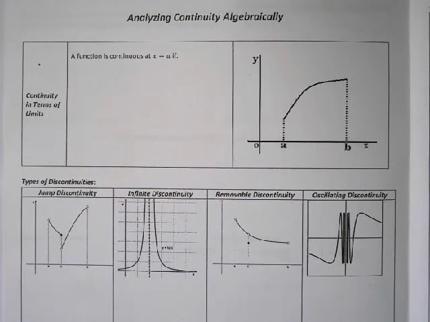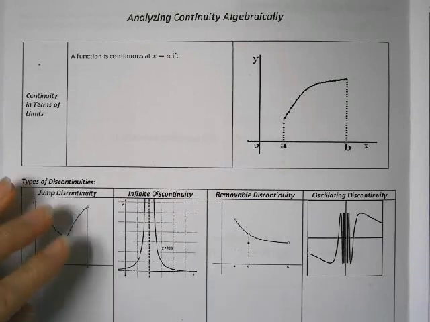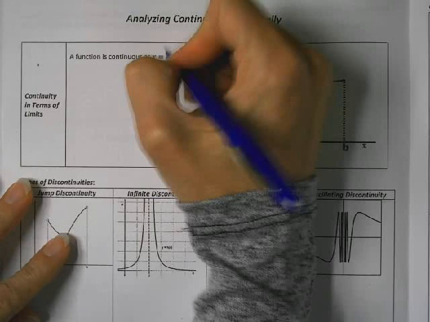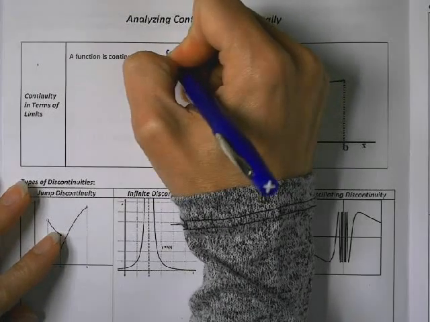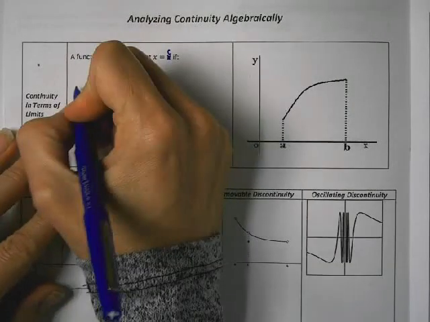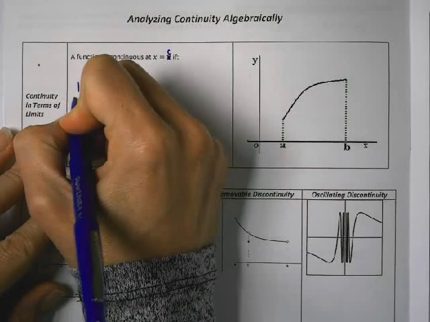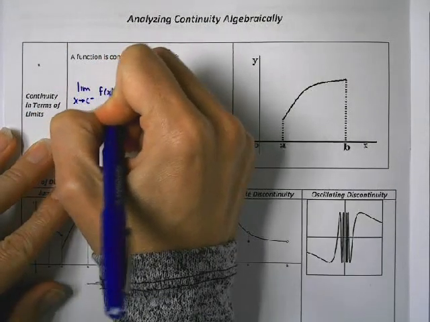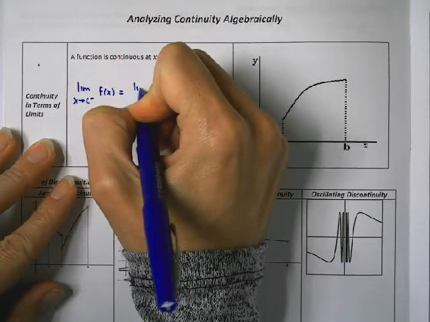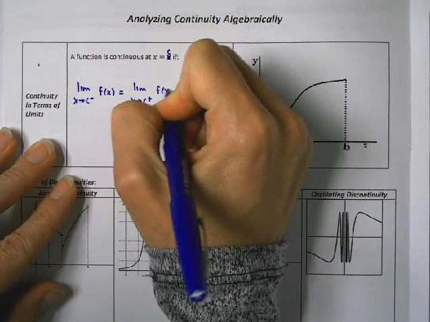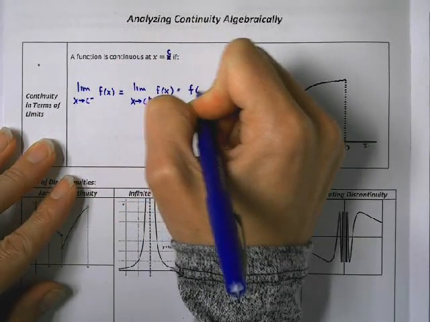So if you remember what we learned in the last video, we said a function is continuous at x equals a, and actually, just for our purposes here, I'm going to call it a point c, and you'll see why in a minute. So it's continuous at a point x equals c if the limit as x approaches c from the left of f of x is equal to the limit as x approaches c from the right of f of x, which is equal to f of c.